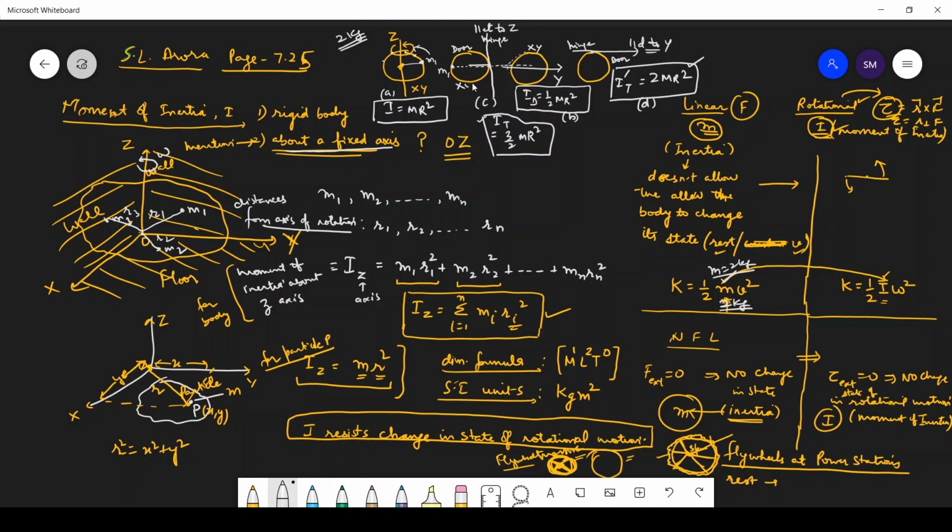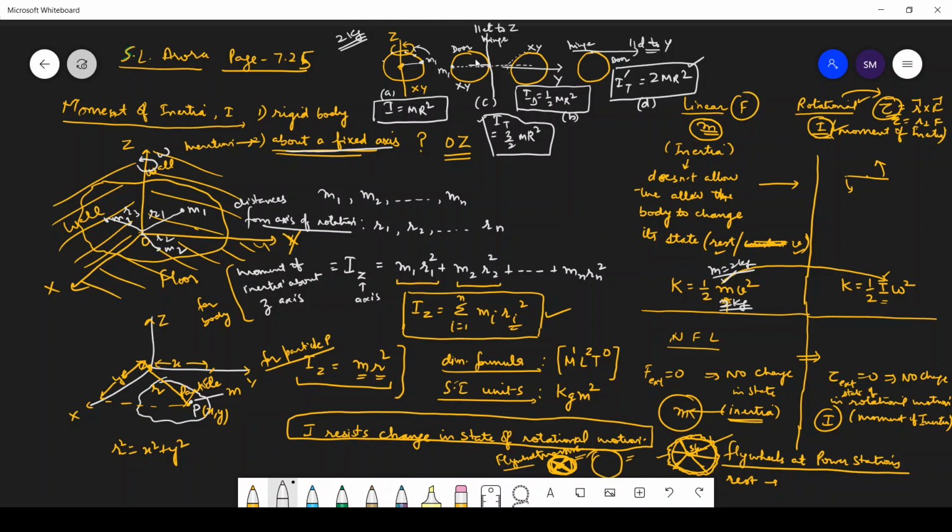This ring lies on the floor in the xy plane, and you are simply rotating this ring on the floor.